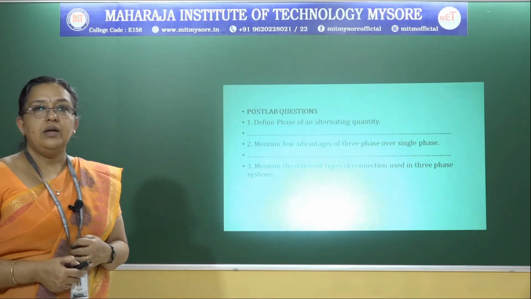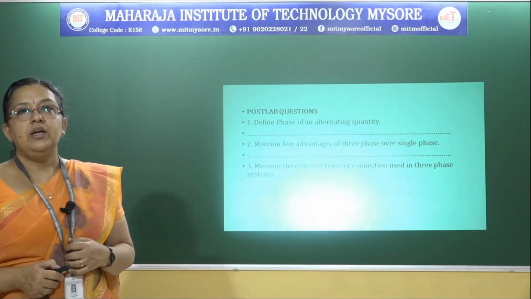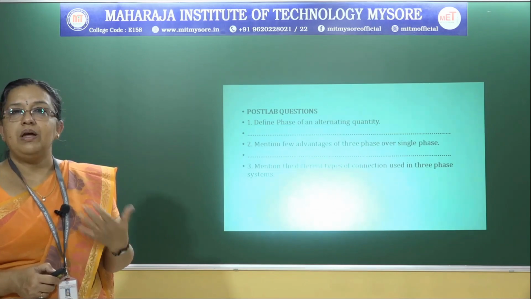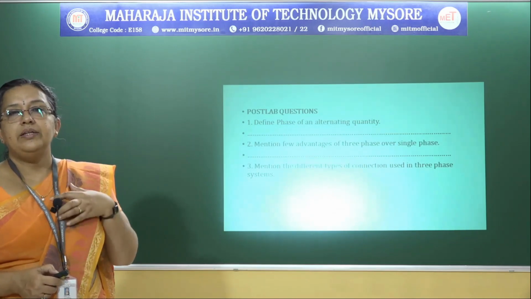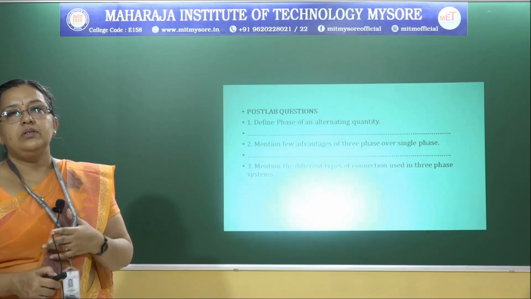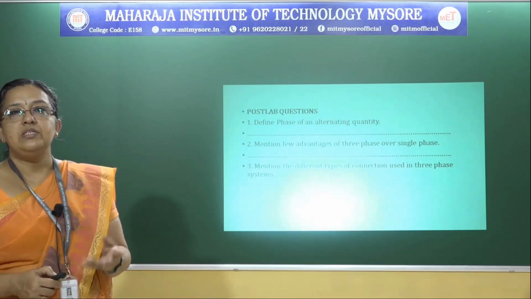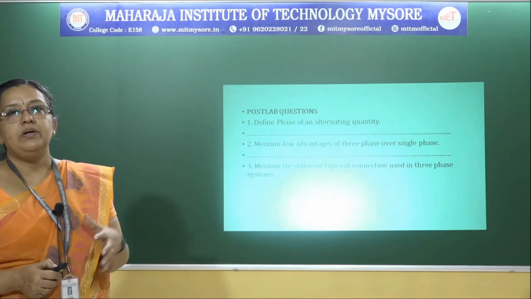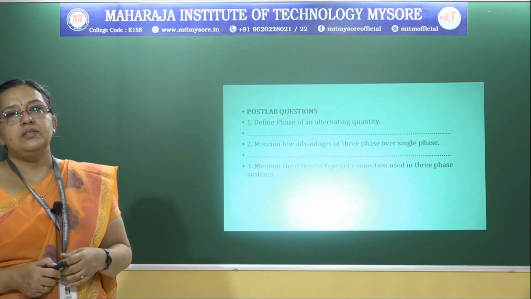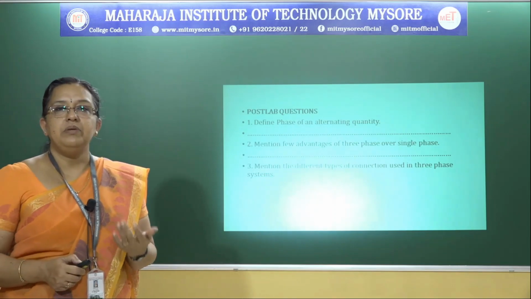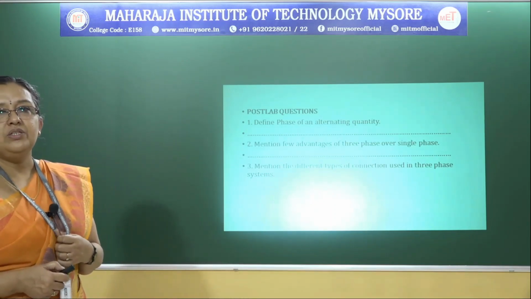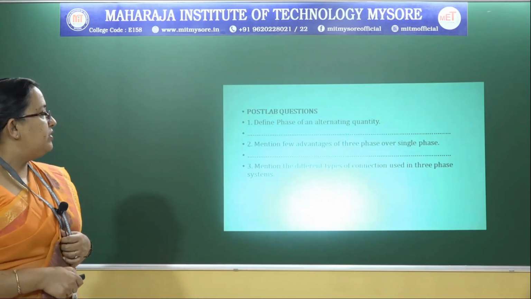That also we dealt with in the class: you can get a single phase supply from a three phase supply, the construction of three phase motors is easier and they are cheaper than single phase ones, and at the same time they give more power. These are the main advantages of the three phase system.